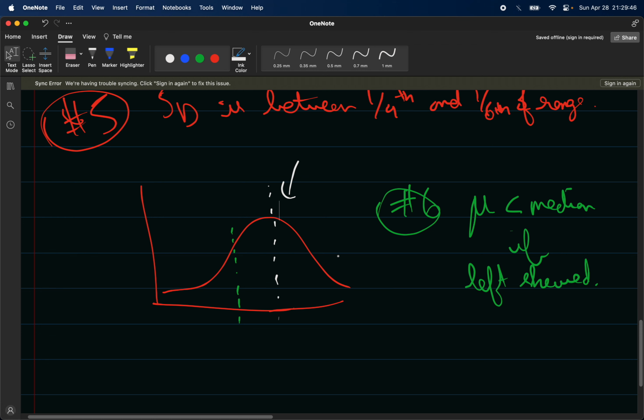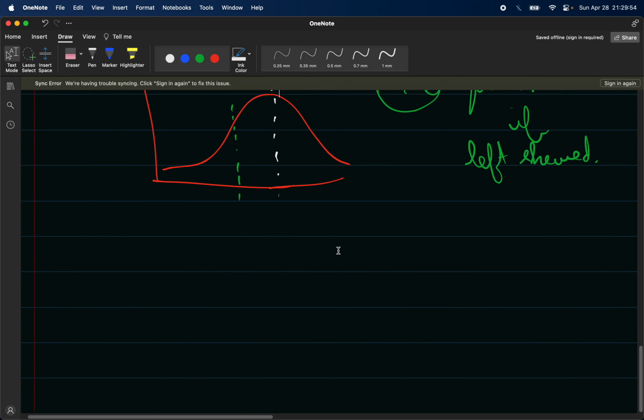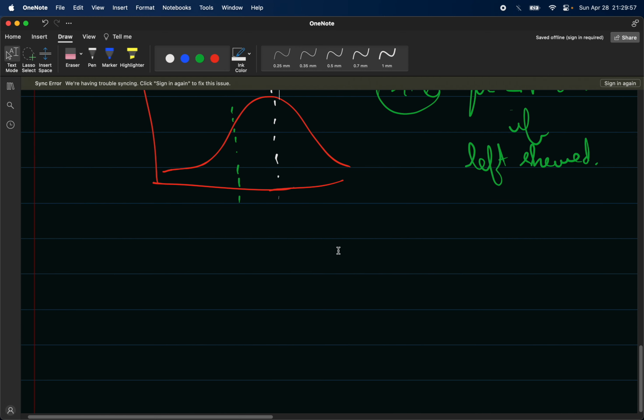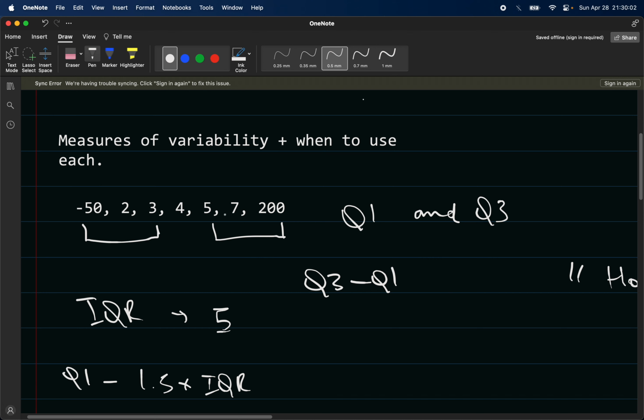Okay, and what else is there? Box plots. So you should already know what a box plot is because you should have read the textbook. But a box plot is basically a way to graph your 5-number summary. So the box plot basically graphs your minimum, Q1, median, Q3, and maximum.